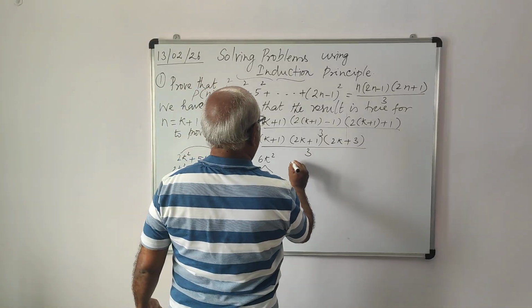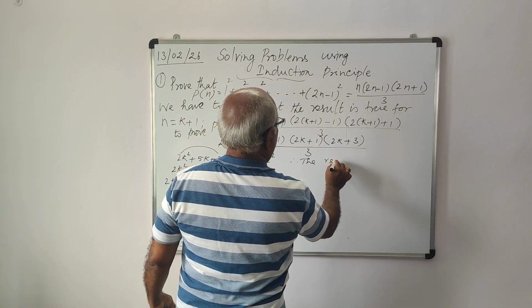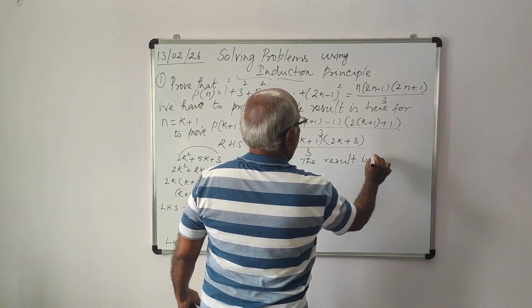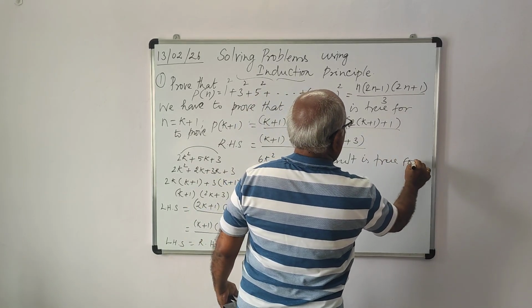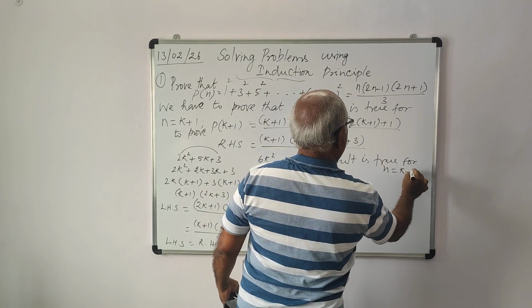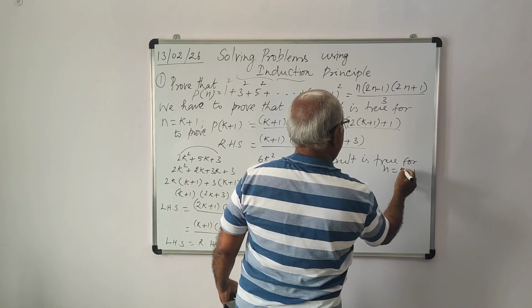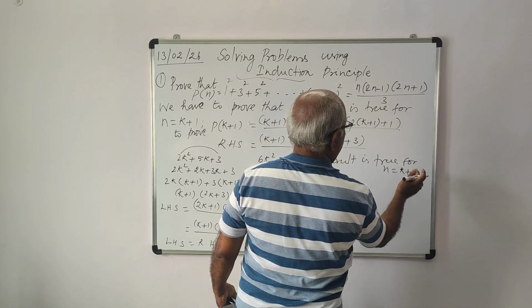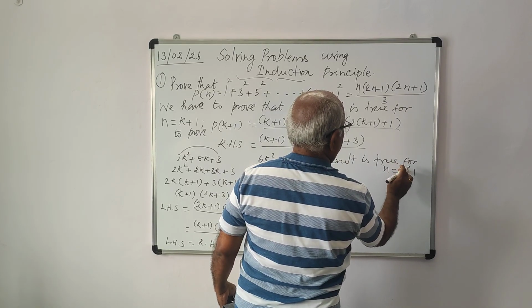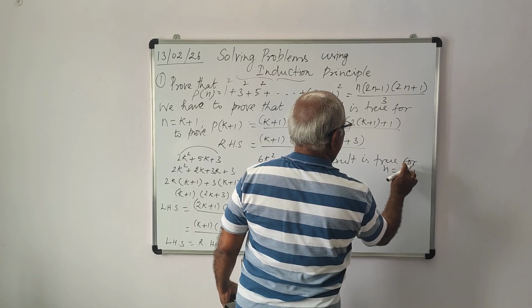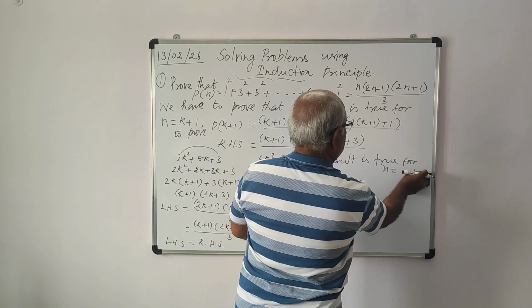So by the induction principle, we are assuming the result is true for n equal to k, and we prove that the result is true for n equal to k plus 1.